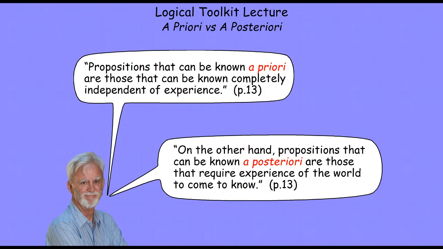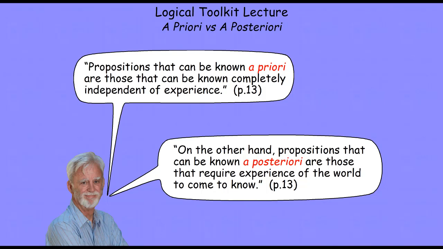relationships that can't be known, say, conceptually, but have to be known through seeing the relationship. So dogs are mammals would be an a posteriori truth. It's a truth that you could only know by having observed some dogs and classified them as mammals. You wouldn't know that a priori.